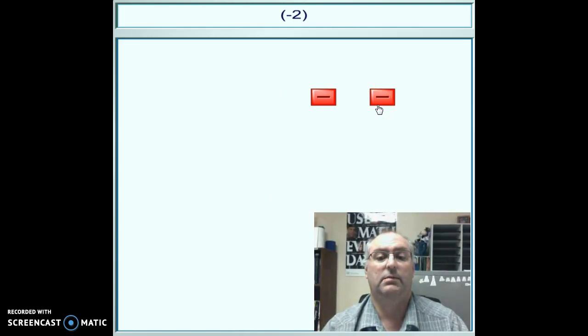And we see we get negative 2 left over. So whenever we combine positives and negatives in the same addition problem, it actually acts more like a subtraction problem, because some of those negative tiles will take away some of those positive tiles, or vice versa.